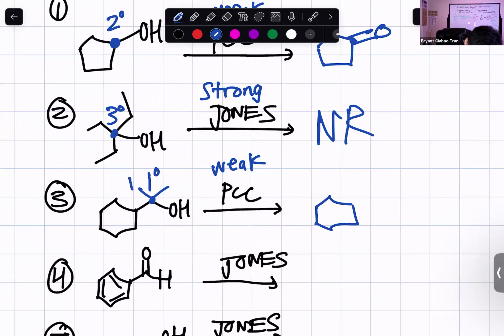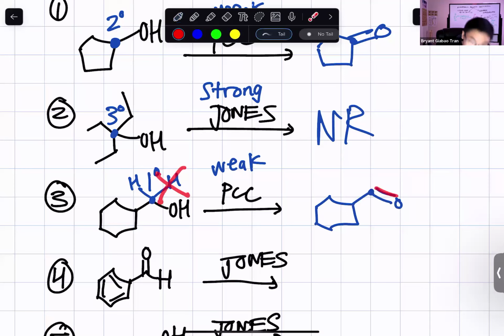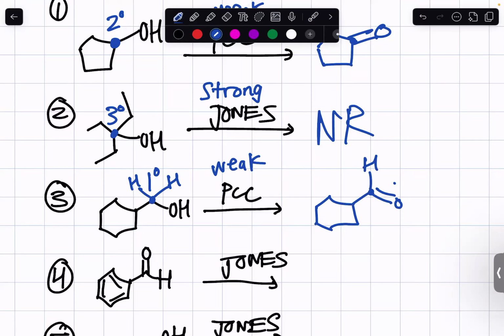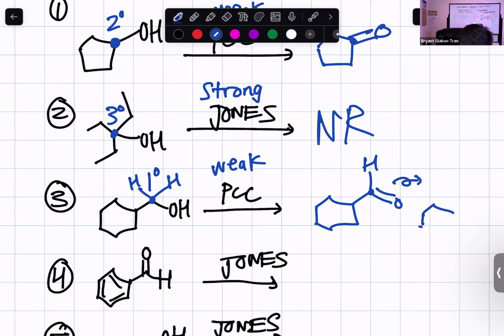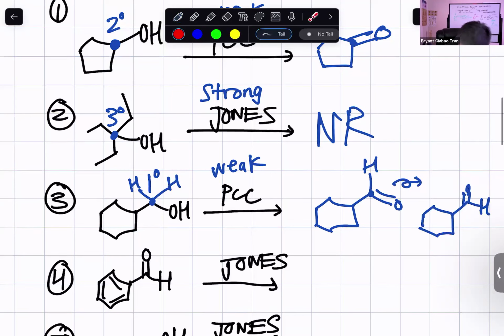Because this primary carbon here has two hydrogens, where we're going to get rid of only one hydrogen in exchange for this new bond to oxygen right there. So we don't have that one hydrogen anymore, but we still have this one hydrogen here, which I'm going to draw out like that. You could have also drawn it like this, which is the same thing, but just rotated. But it might look neater for you. Both answers are the same thing, or correct.